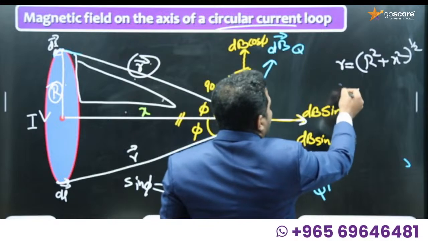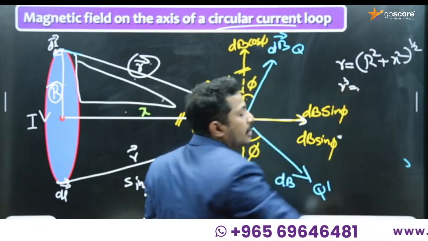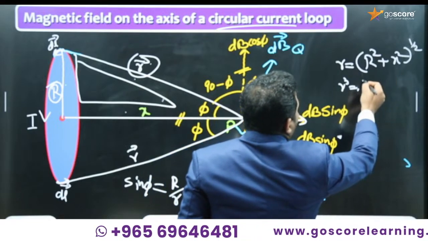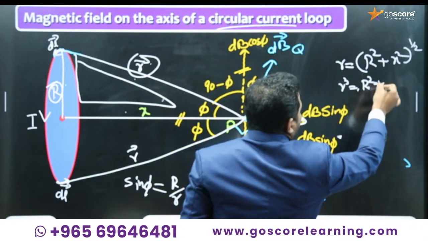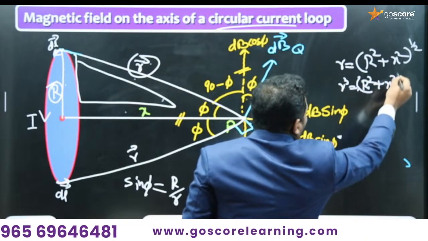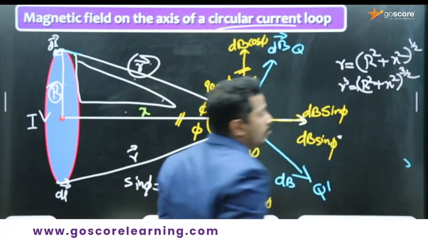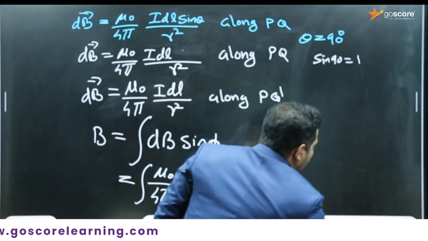So what is r³? Just cube it, which is equal to (r² + x²) raised to 3/2. Is that okay?